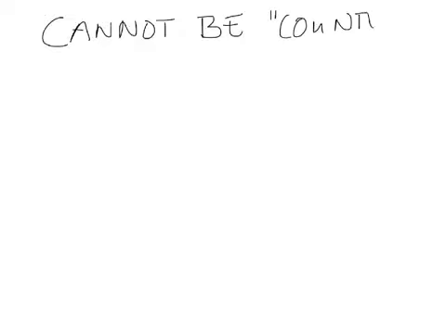It means that it cannot be counted. As you may see, I'm quoting the word counted because it's not really true that we can't count an uncountable word, such as furniture.